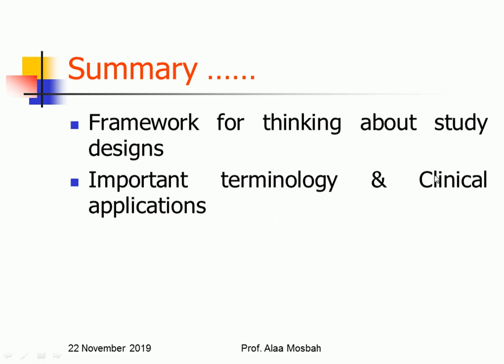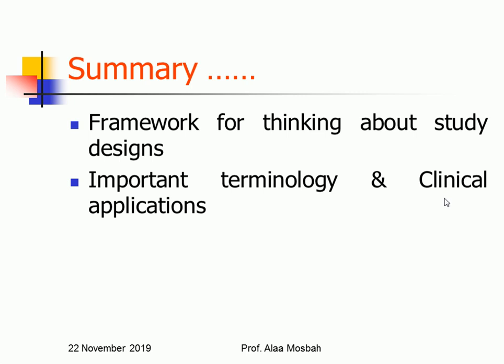Of course, we mentioned the clinical application. We said I may know the etiology, I can prevent a disease through research studies. Also the prognosis of disease, I can improve the accuracy of diagnosis, and I can improve the treatment of disease through research.